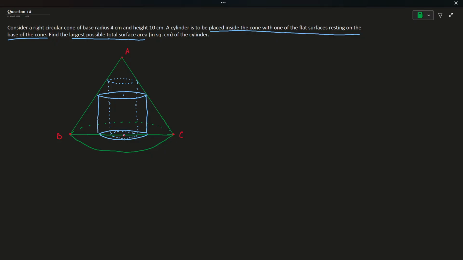Okay guys, so now I will erase the dotted cylinder. I hope you have understood till now the concept, like why the center of the base of the cylinder must coincide with the center of the base of the cone.